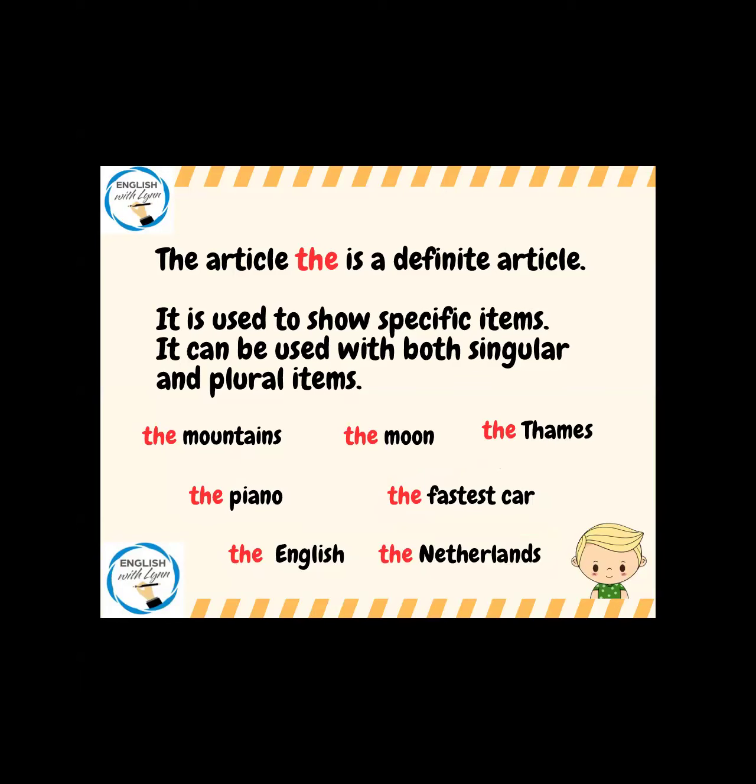When you have nationalities, and usually it's the nationalities that end with the SH sound or CH sound or ESE. So English, Chinese, those other nationalities such as Italian, you can use either the Italian or you don't need the determiner with it.